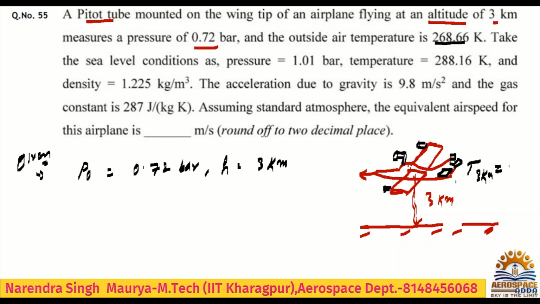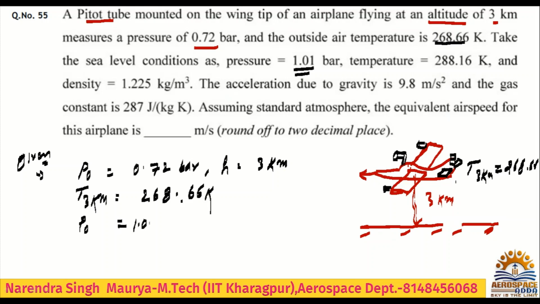So the 3 kilometer temperature is given, that is 268.66. So I will write temperature at 3 kilometer, it is 268.66 Kelvin. All right. Take sea level conditions as pressure. Sea level pressure they have given, P naught is 1.01 bar, and sea level temperature T naught is 288.16 Kelvin.